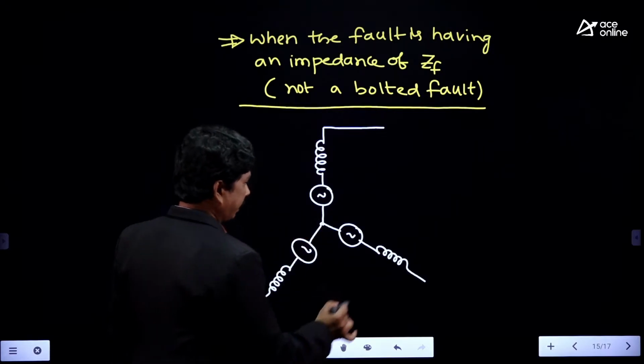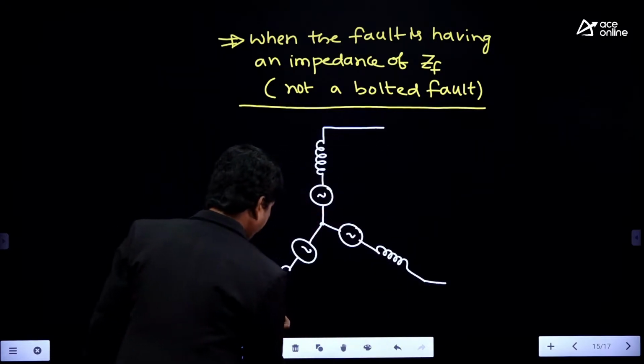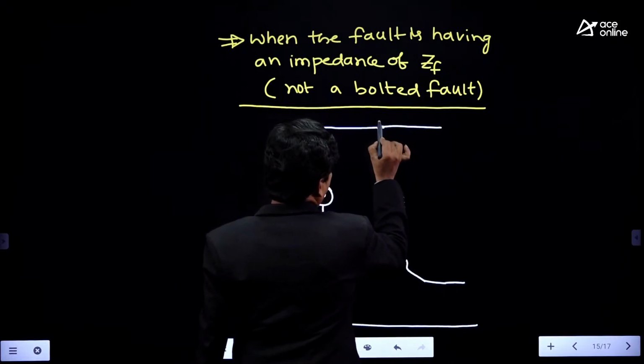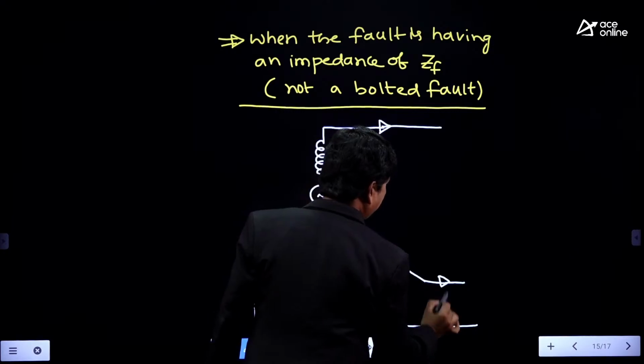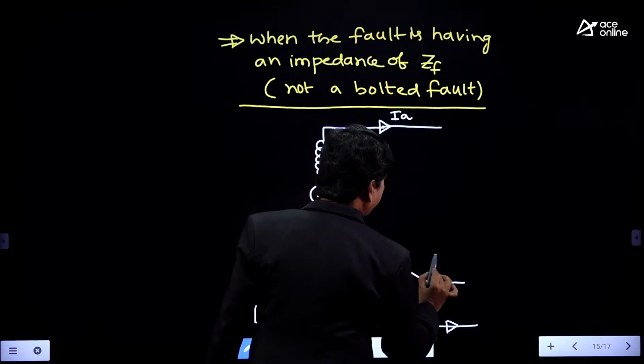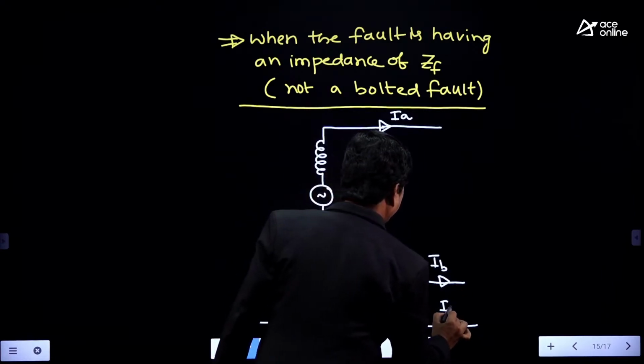Clear? Right. So this is A phase, B phase, C phase, IA, IB and IC.